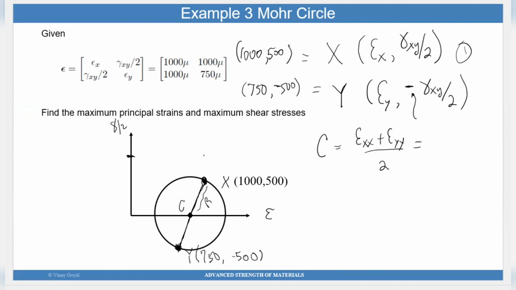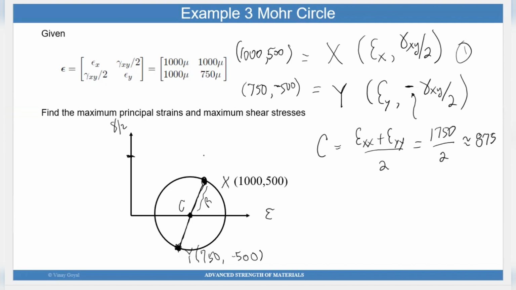In our case, 1000 plus 750 is 1750 divided by 2, which is 875. You can see here that that's about 875, because it is between 1000 and 750. So it's working out. The radius can be easily calculated as well by finding the distance between these two points. I won't do it because it is easy.